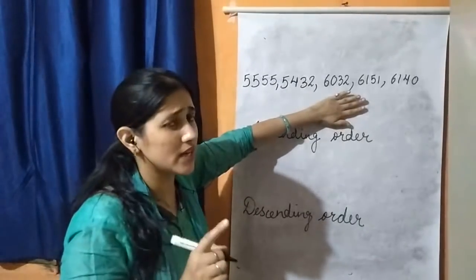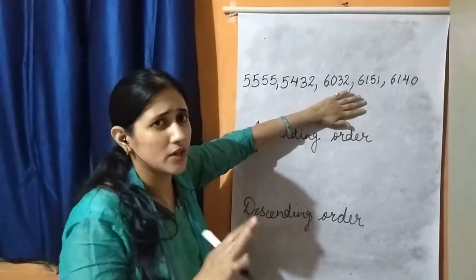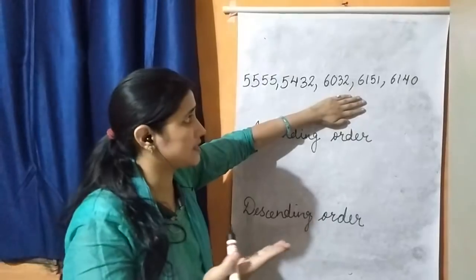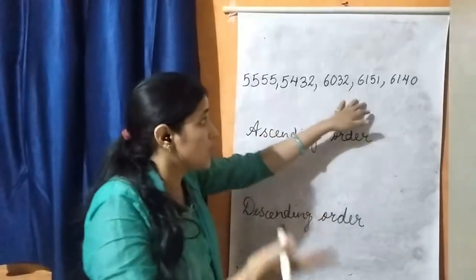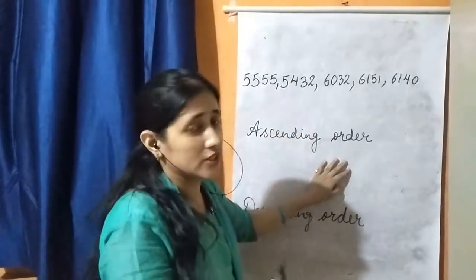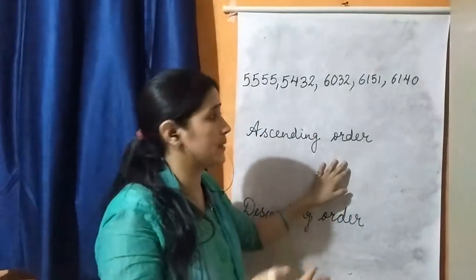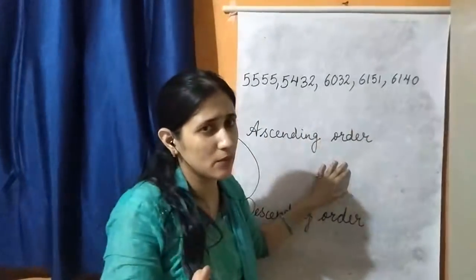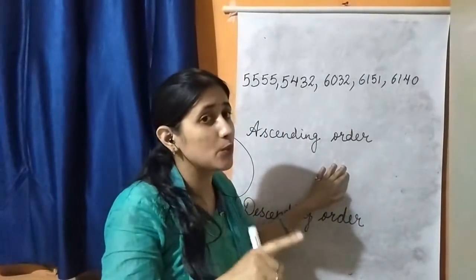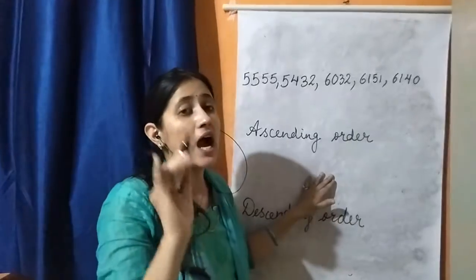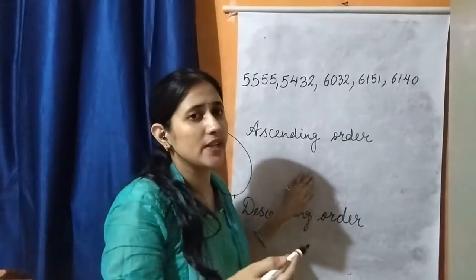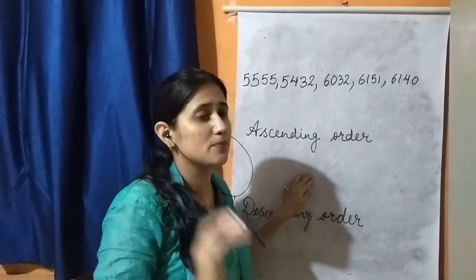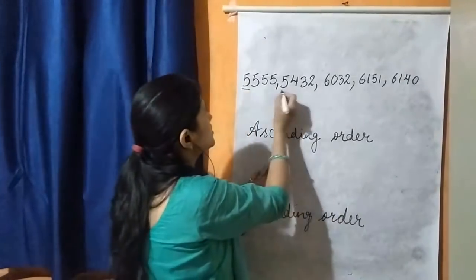I told you in the last video that for comparison, firstly we see which number has the least number of digits and which has the most, and then we compare. But here all the numbers have the same number of digits, so we will compare their highest value. They are 4-digit numbers, so their highest value is at the thousands place.